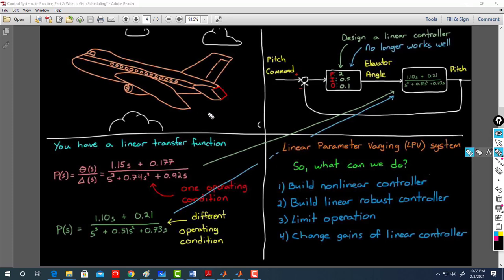As I said here, for each operation condition you may get different dynamics, and therefore you need to change your tuned gain, because whatever gain works for this transfer function doesn't work for this transfer function.